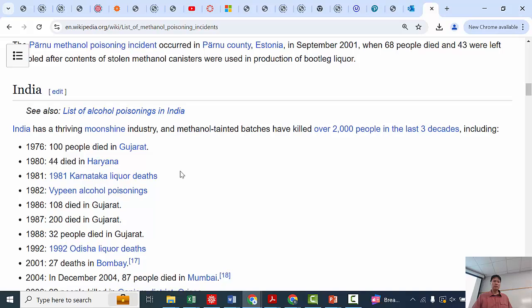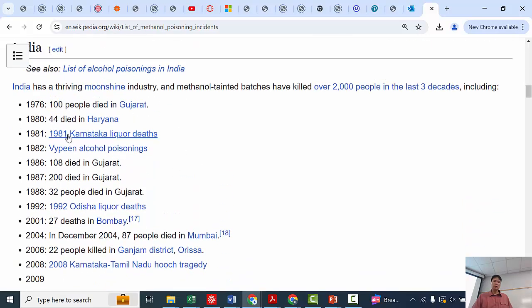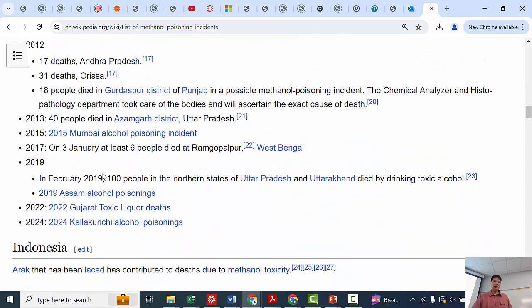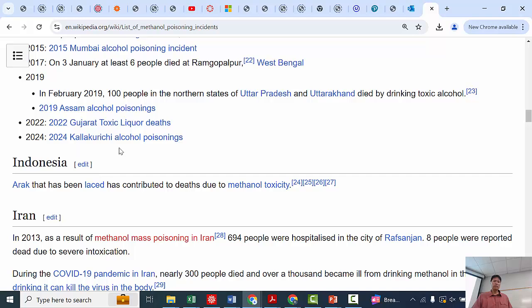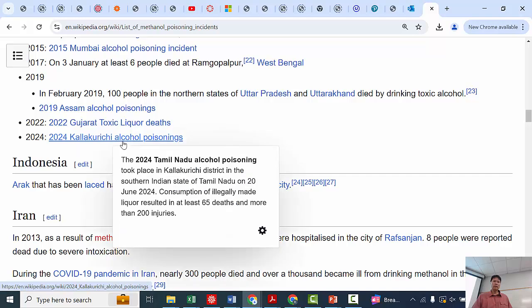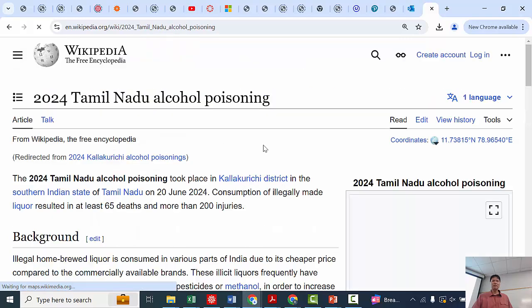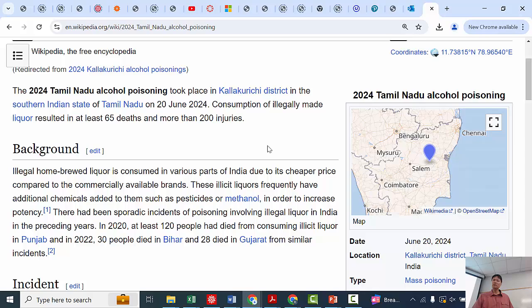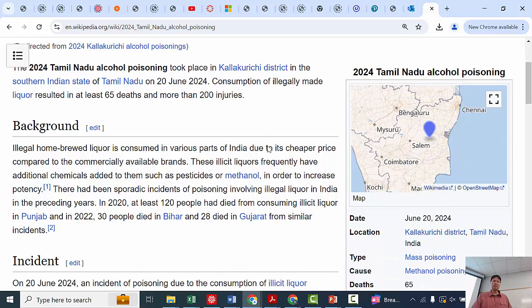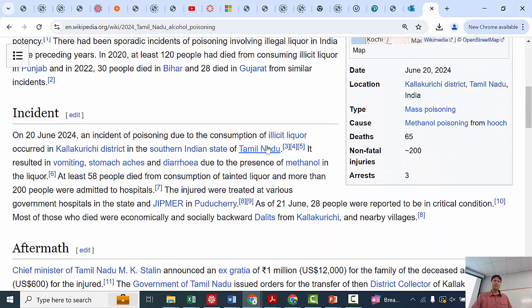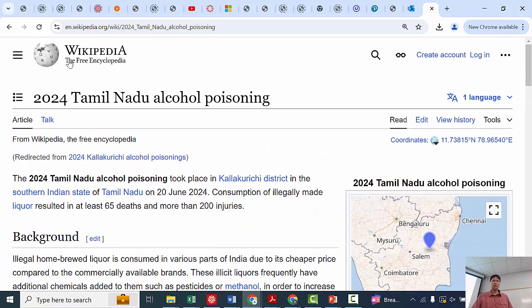How about in the U.S.? India, 2024. I think this was that. 65 deaths in India. Don't drink alcoholic beverages in India, I think. 65 deaths.